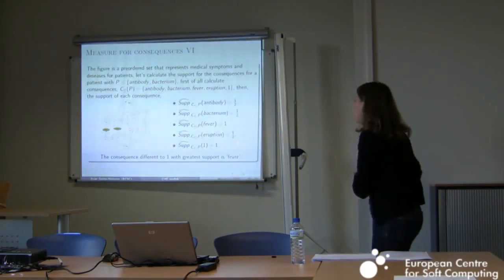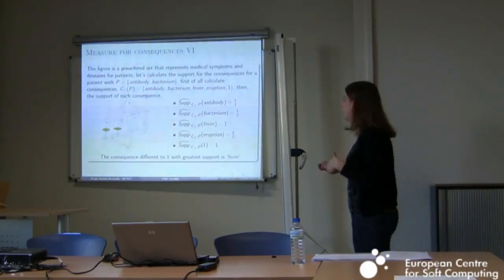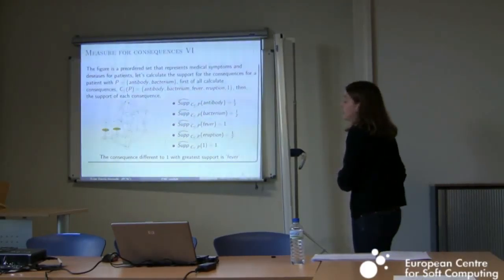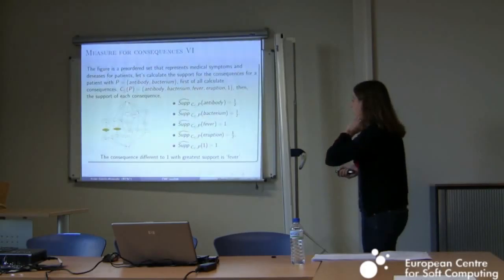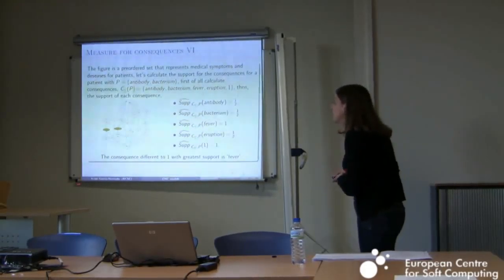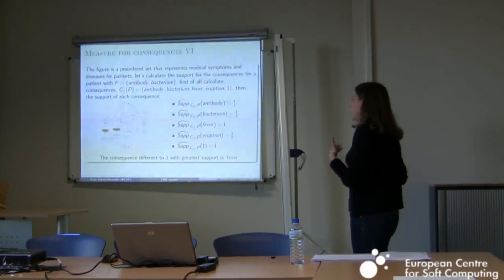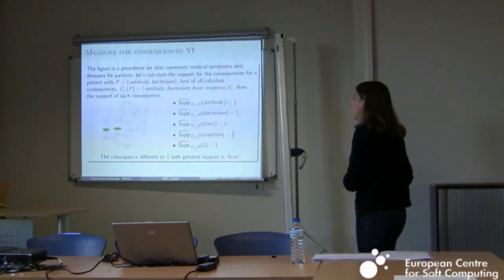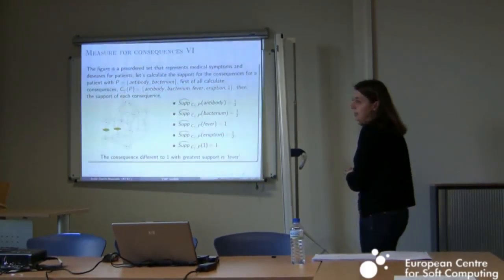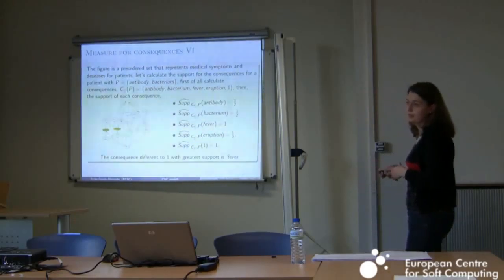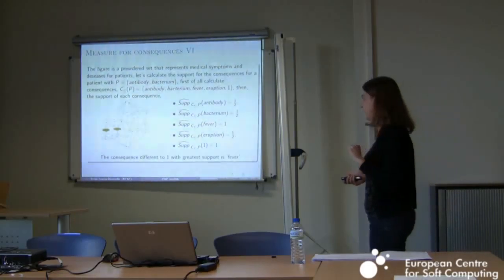And in every preorder with last element, the last element has support 1. So the consequence different from 1 with greatest support is fever. It has support 1. It is deduced from both premises.